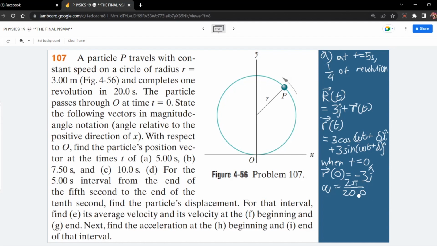So, 2 pi radians over 20 seconds. So, kailangan nating hanapin anong delta.